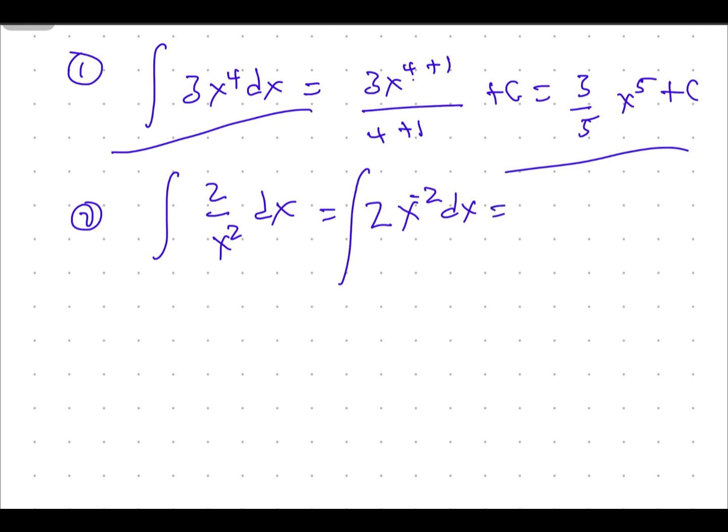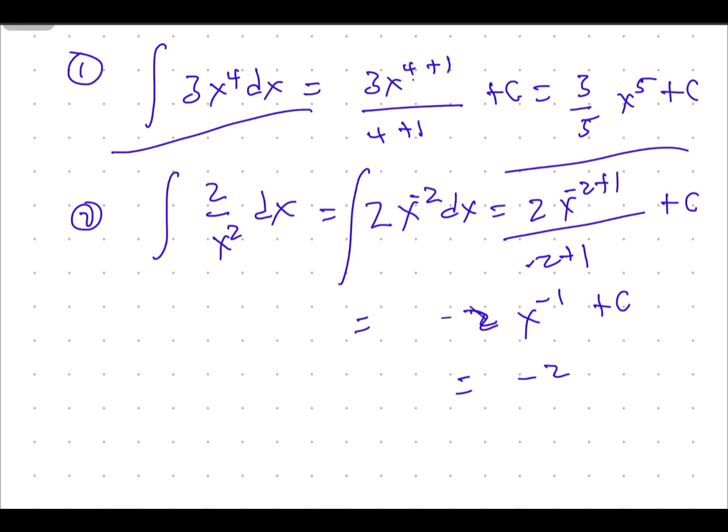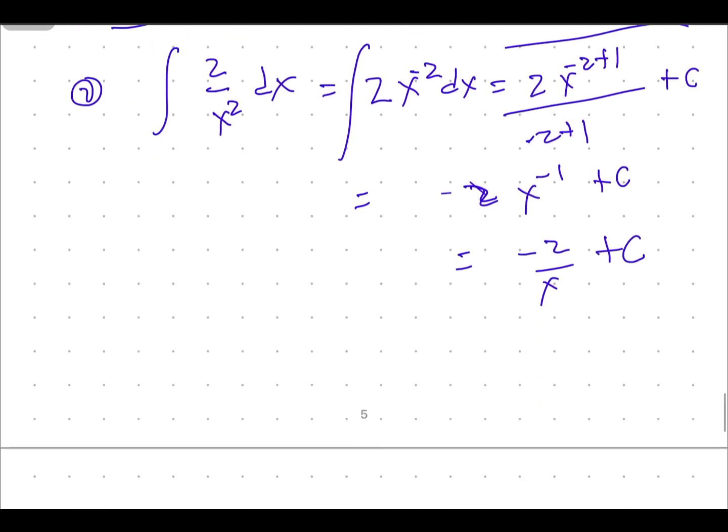And in this way, you can do your normal power rule, which is 2x power -2 plus 1 over -2 plus 1, and then you add your c, and you further simplify it, of which you are going to get -2 x power -1 plus c, of which you are going to get -2 over x plus c as your final answer.